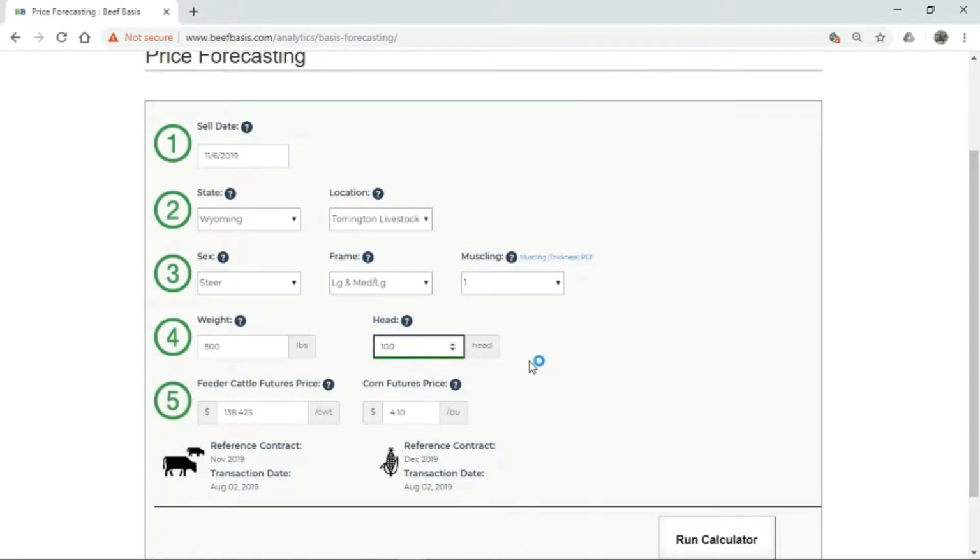To be able to run the analysis, we need to press the tab or enter button. This makes the run calculator button active. We can use the feeder cattle futures prices that have been automatically populated, or we can change them. In any case, we can run the analysis as it is.